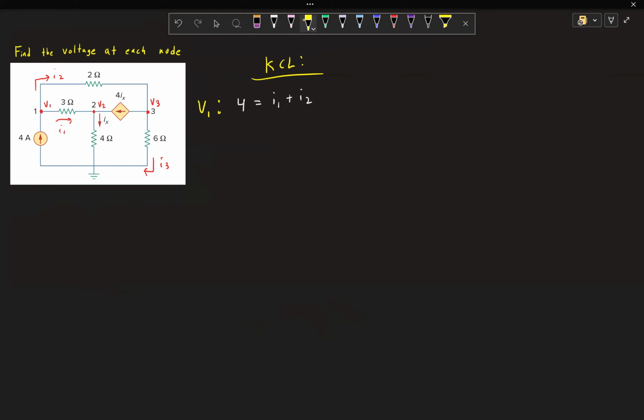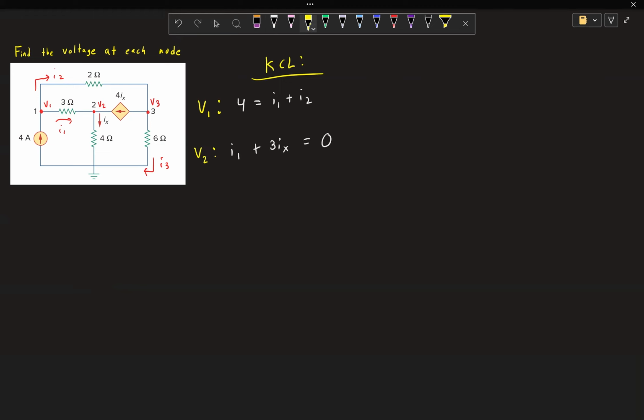And then you do the same thing for V2. We've got I1 going in plus 4IX equals an IX going out. And you can just rewrite this real quick as I1 plus 3IX equals 0.